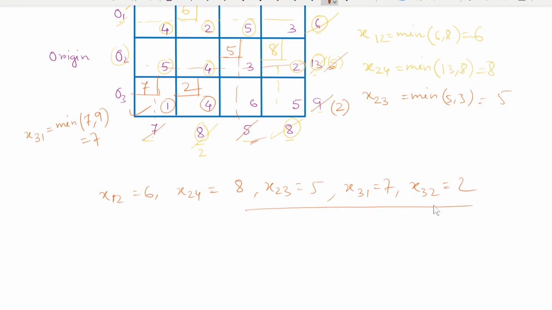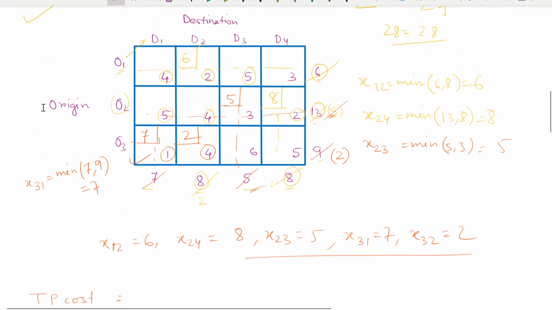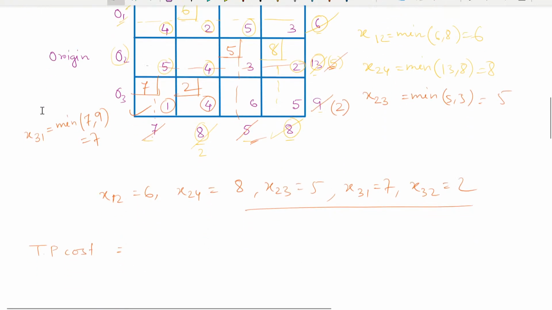So this is the required optimum allocation, and the minimum transportation cost that we minimize here is 6 into 2, plus 2 into 8, plus 3 into 5, plus 7 into 1, plus 2 into 4.